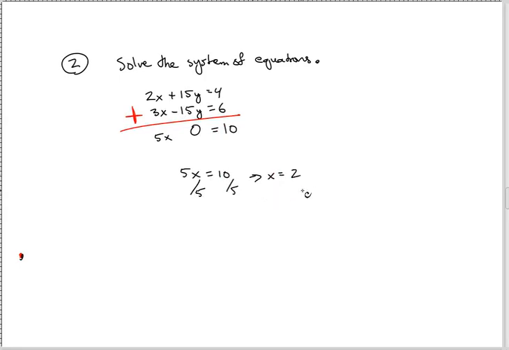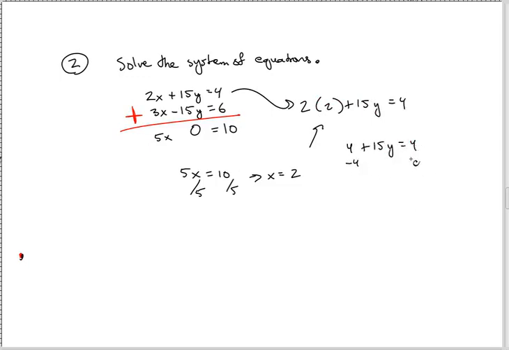That's awesome. We like that. Now we have to find y. You can use either the top or the bottom. I'm going to use the top, it doesn't really matter, and plug in that 2 for my x and solve for y. 2 times 2 is 4.